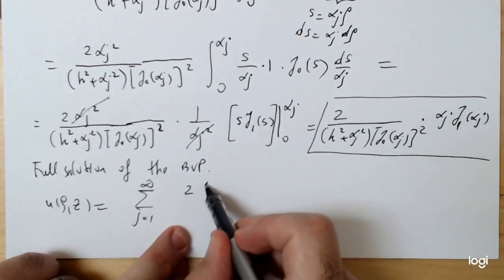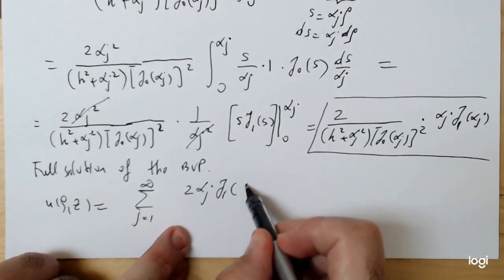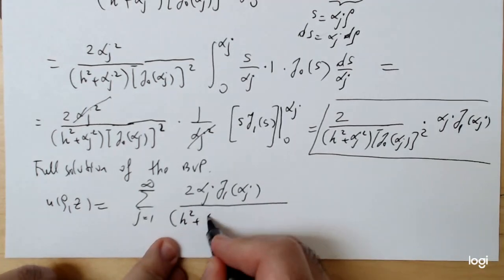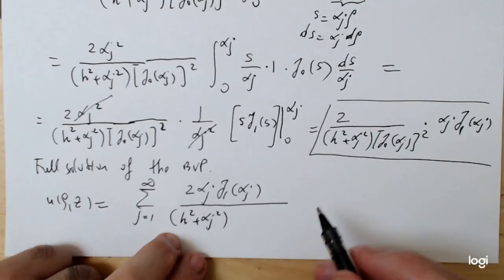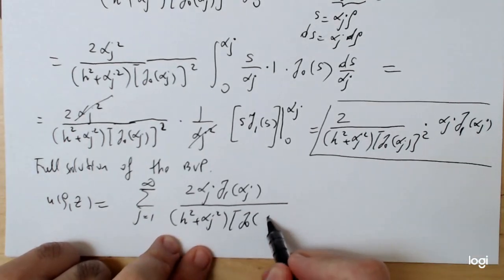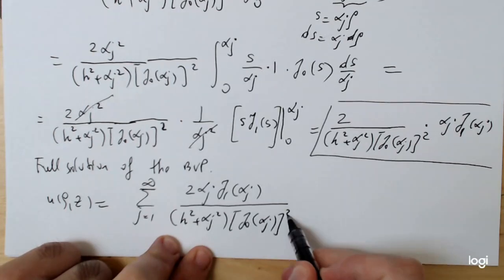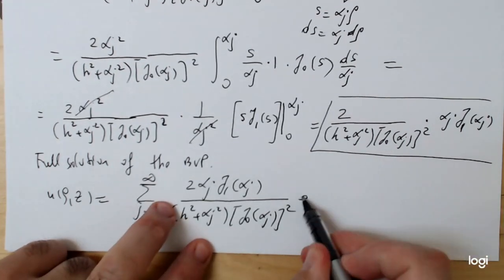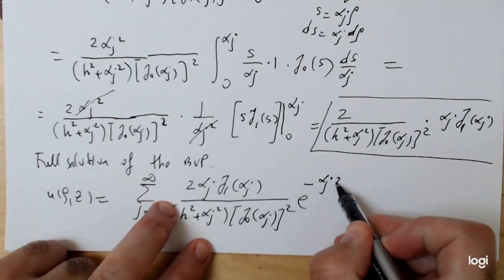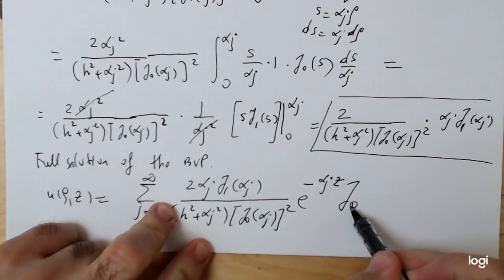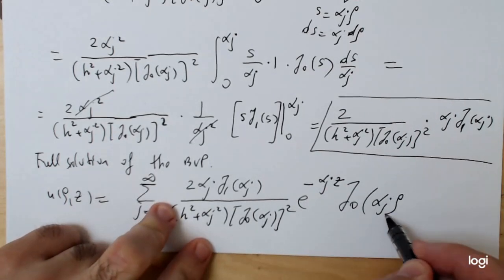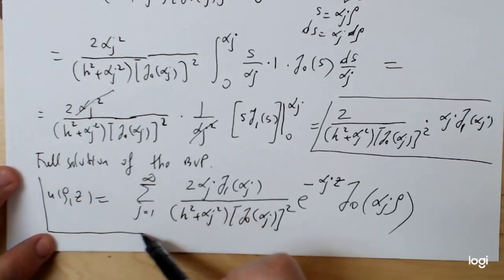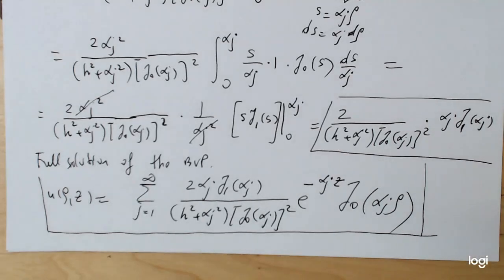So it will be 2 alpha j, J1 of alpha j over h squared plus alpha j squared, J naught of alpha j to the power 2. The exponential e to the minus alpha j little z, and the Bessel function J naught alpha j rho. And that's the solution.